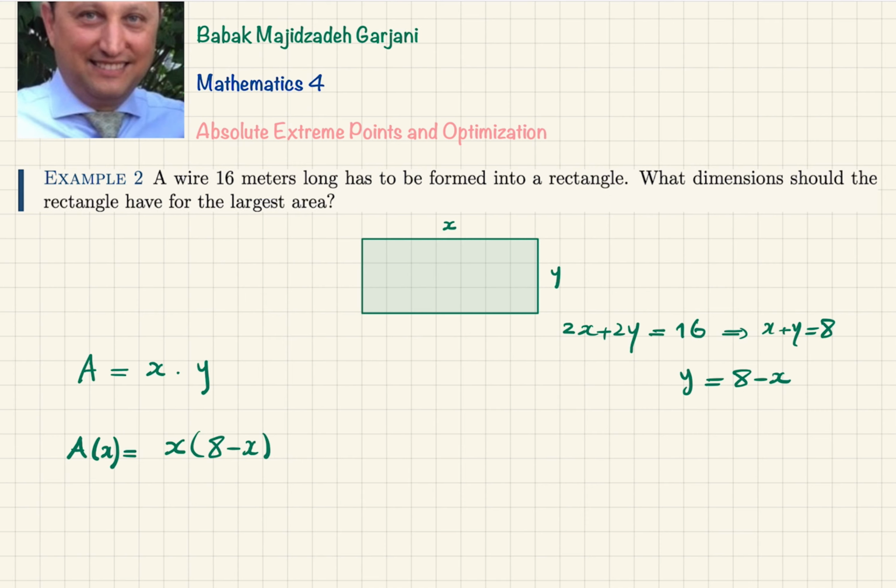Of course, it is clear that x cannot be negative, because it represents the length of this rectangle. But there is also an upper bound to it. Can you tell me what the upper bound is? 16?